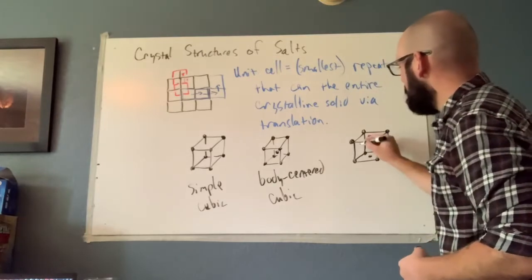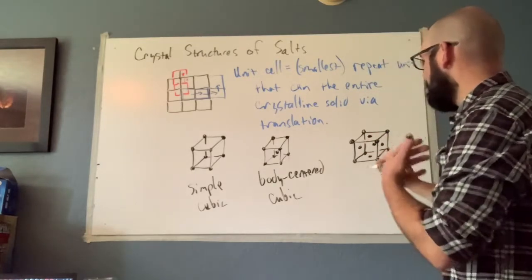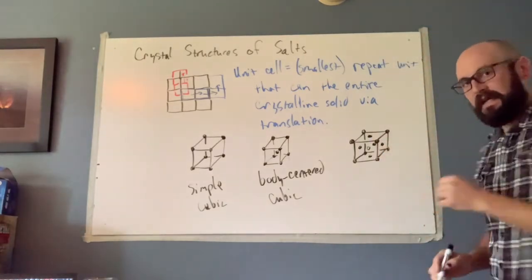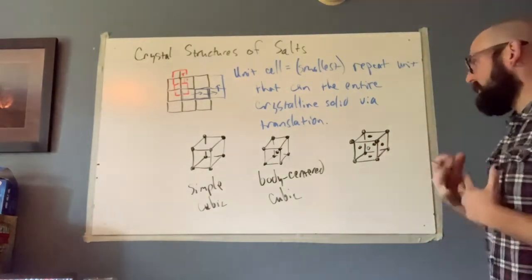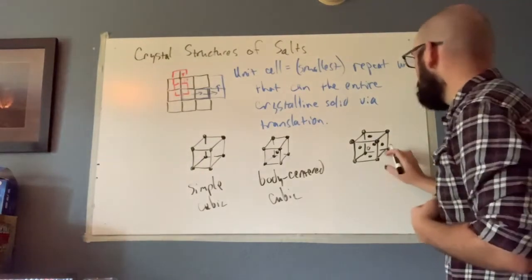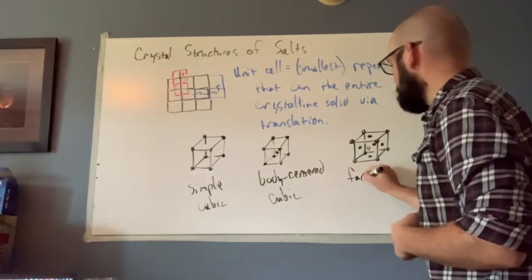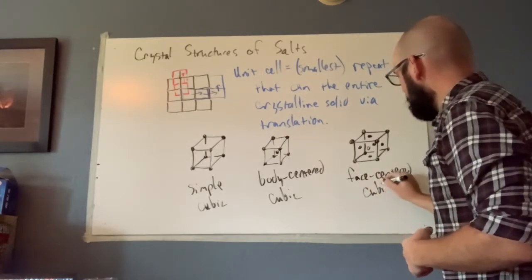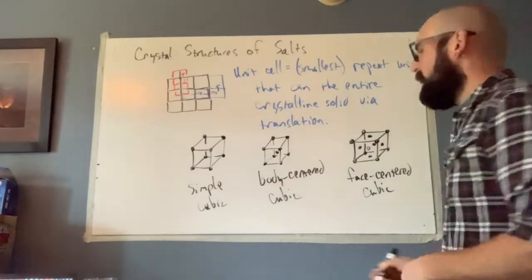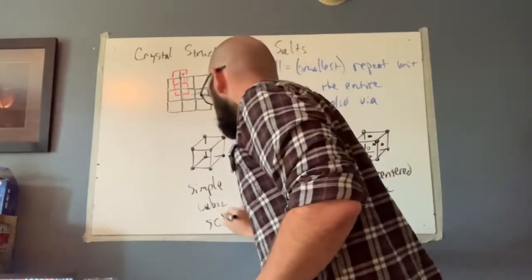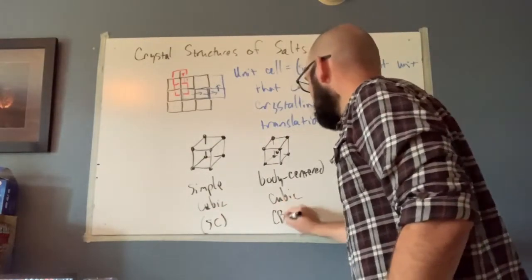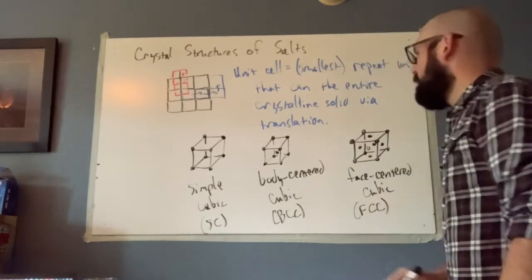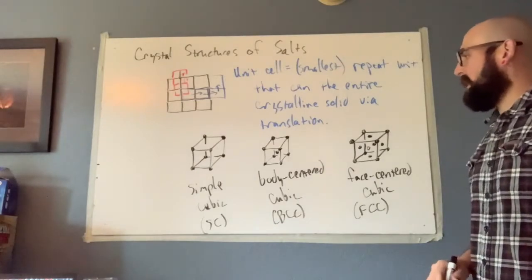This is on the bottom, on the left-hand side, and one that's on the front, I'm going to leave unshaded right now. So that's the front face of our cube. We refer to this as face-centered cubic. So not terribly creative names, it's pretty straightforward. Abbreviations for these then, we have SC for simple cubic, BCC for body-centered cubic, and FCC for face-centered cubic.